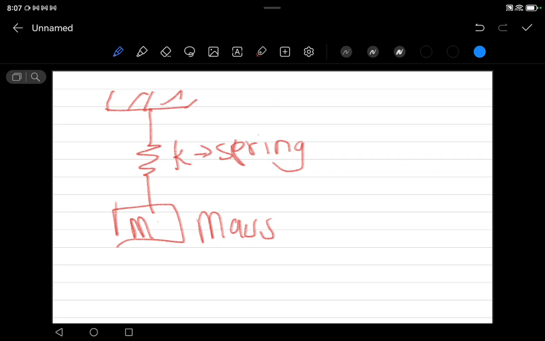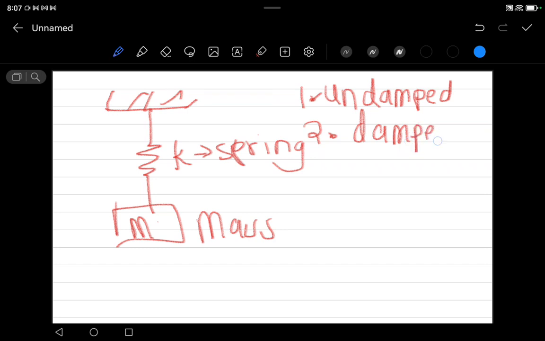And then this is the spring. Let's say this is our body, and in this body we're going to have undamped motion, damped motion, and forced damped motion. We're going to start with undamped motion. We're also going to do this in vibration, second semester. But this is mathematics.